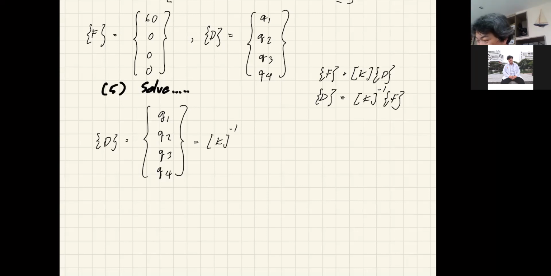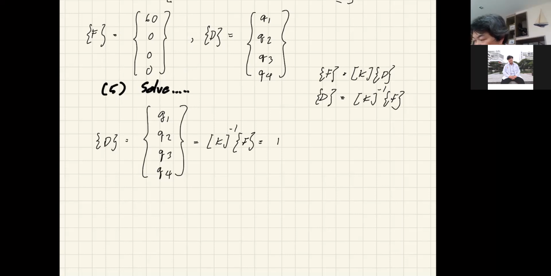So that's that, multiply with the force matrix. And you should know, if you have a 4x4 matrix, the inverse is also 4x4, and your force matrix is 4x1. So if you multiply the 4x4 matrix with the 4x1 matrix, you get a 4x1 answer, right?